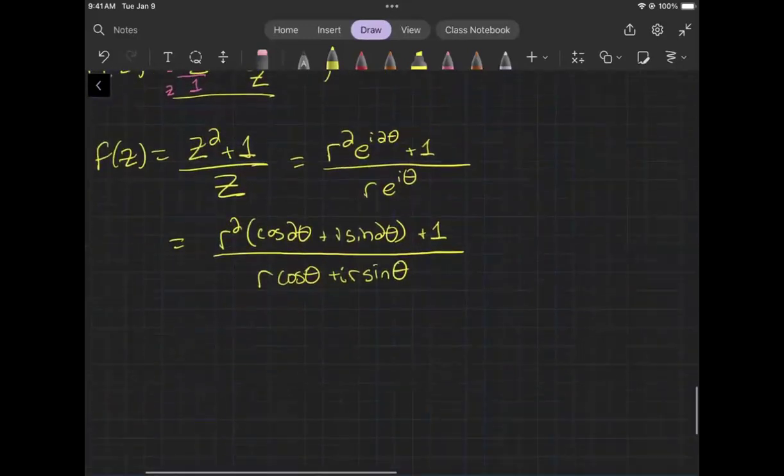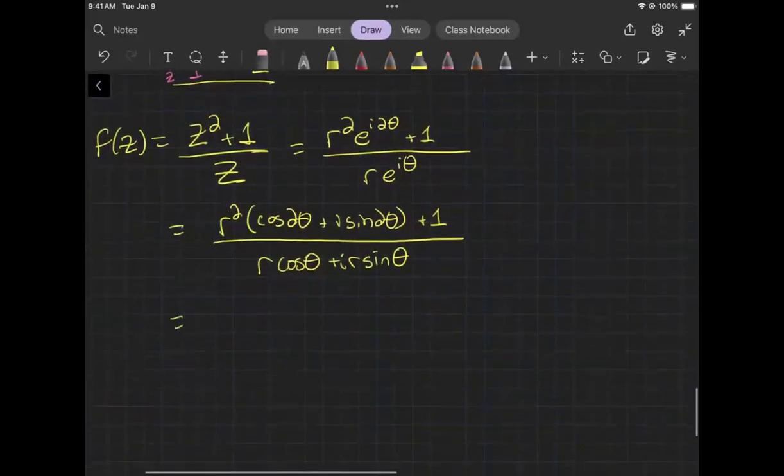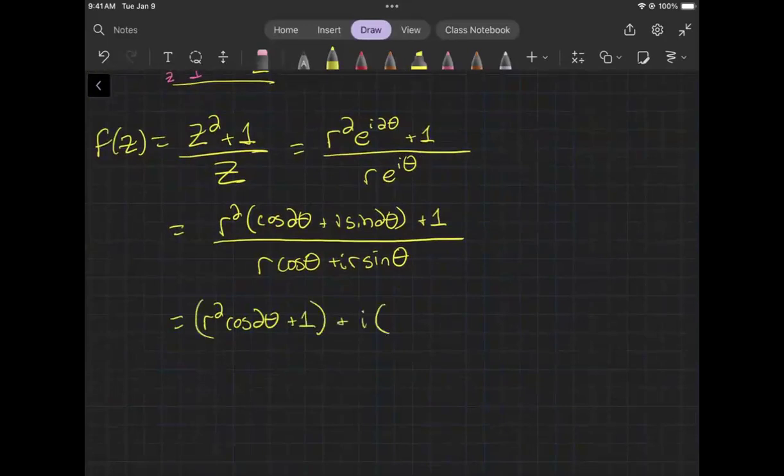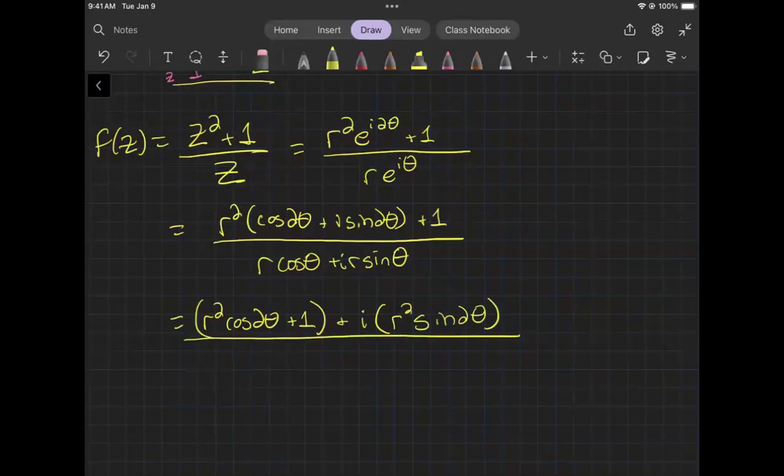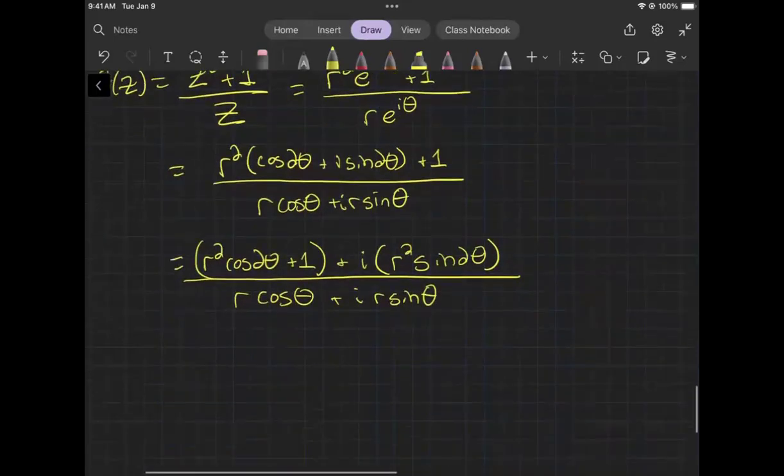Okay. And so this equals r squared cosine 2 theta plus 1, that's the real component in the numerator, plus i times r squared sine 2 theta, divided by r cosine theta plus i times r sine theta.